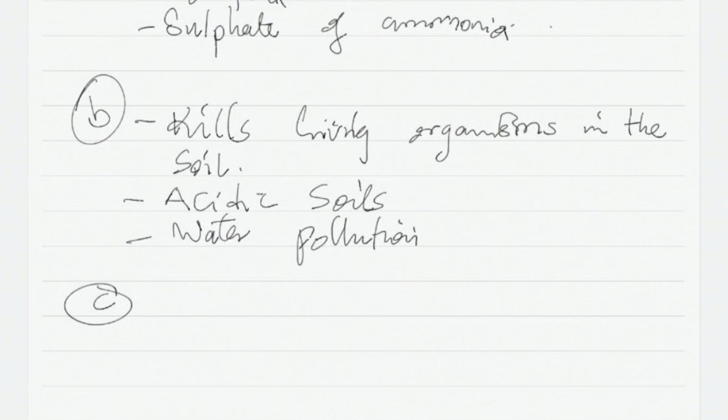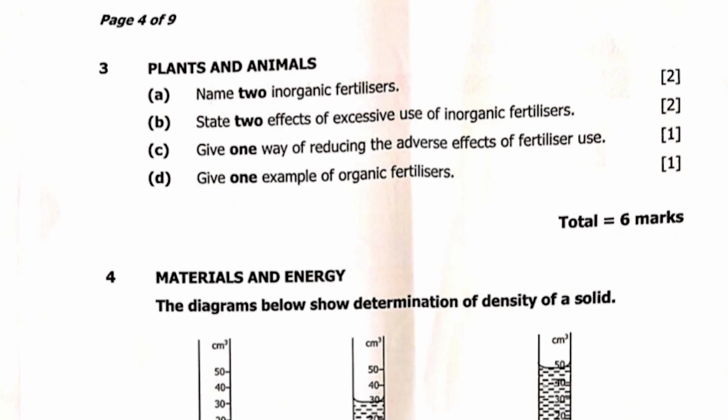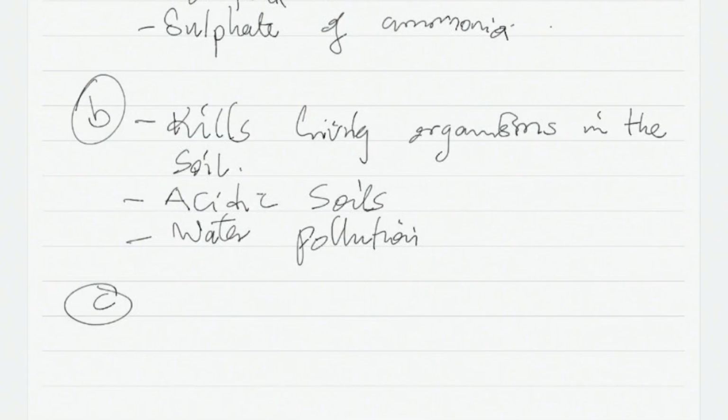We go to part C. Part C reads, give 1 way of reducing adverse effects of these fertilizers. Now, these effects that we have observed, what can we do? We are asked to find ways that we can reduce the adverse effects of this.